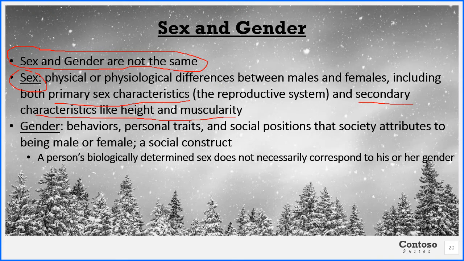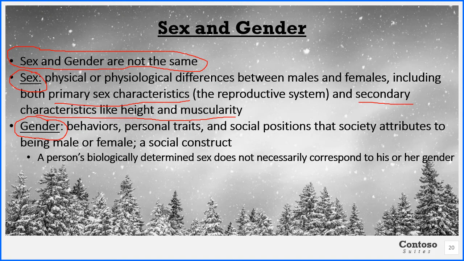These sex traits are things that can be seen. They're physical. You can measure them. Whereas gender is, again, that social construct, if we go back to that term doing gender from a few slides ago. Sex has to do with these physical attributes, and gender is more imbued with social judgments.